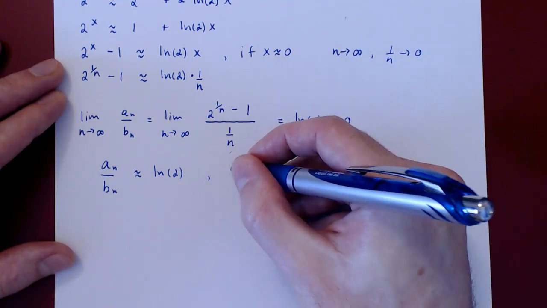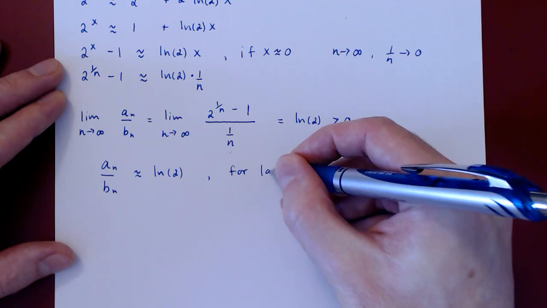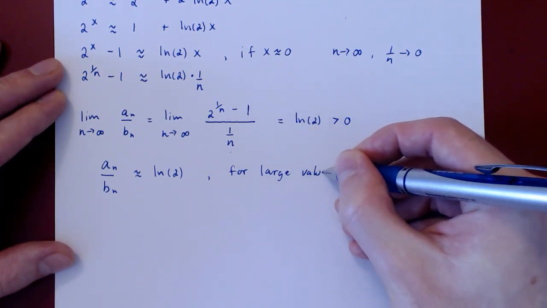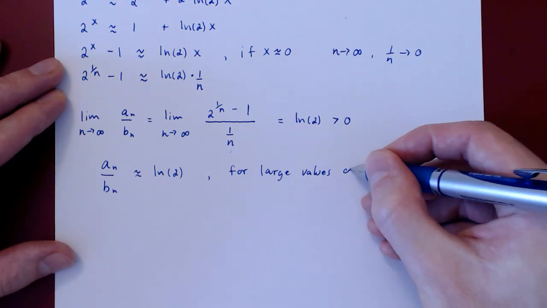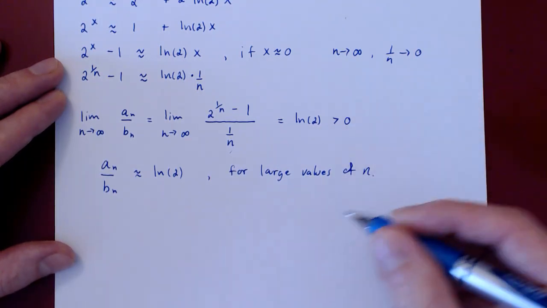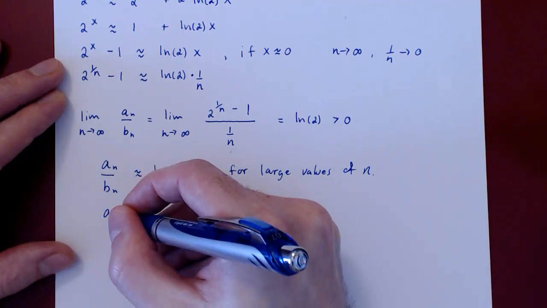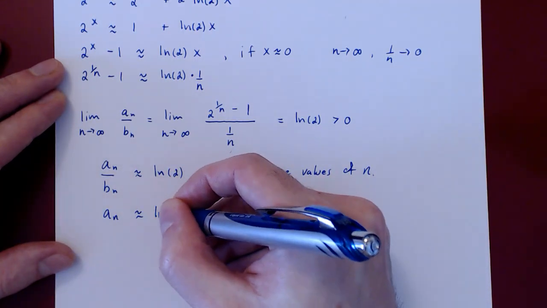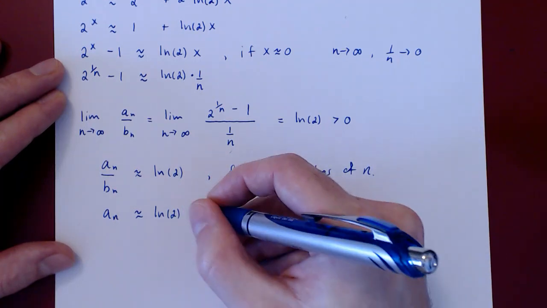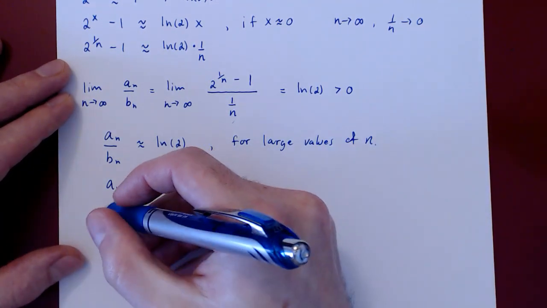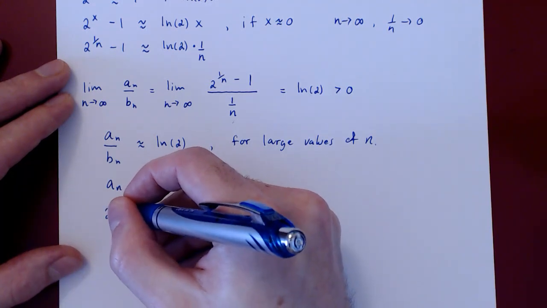And again, for large values of n, the initial sequence an will be approximately ln of 2 times the new sequence bn. Let's replace now by the explicit sequences.